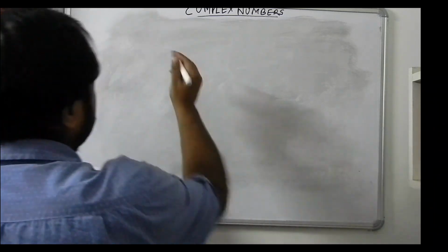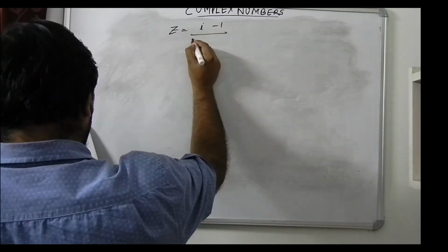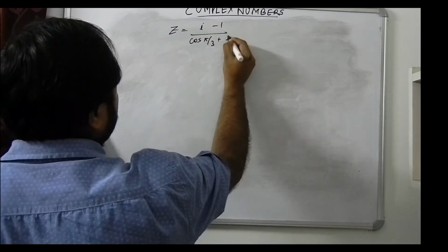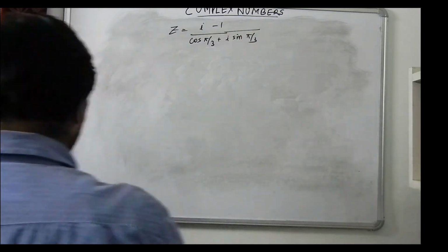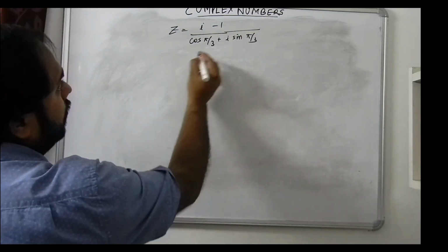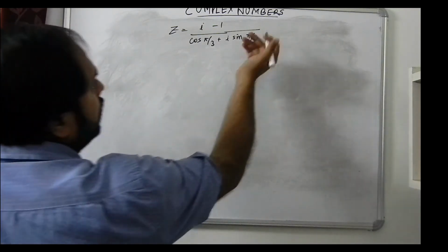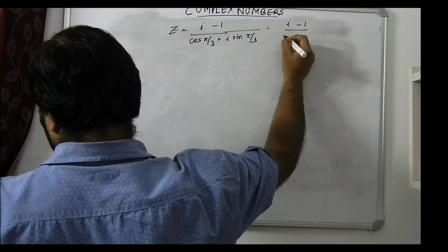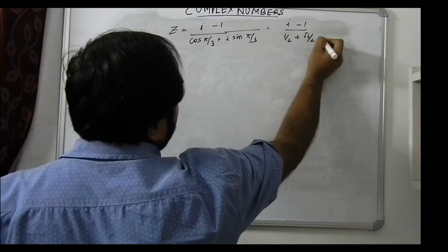It says z is equal to (i minus 1) upon (cos pi by 3 plus iota sin pi by 3). So that is a complex number that's given and we have to write it in the polar form. Now I know cos pi by 3 is nothing but 1 by 2 and sin pi by 3 is root 3 by 2. So I simply do it this way: iota minus 1 upon 1 by 2 plus root 3 by 2 iota.